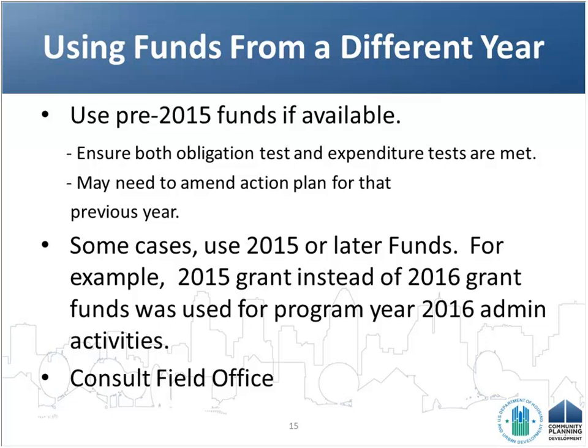Then you can repay the funds to the 2015 grant and withdraw from the 2016 grant for program year 2016. And of course, anytime you want to use any solution, consult with your field office.